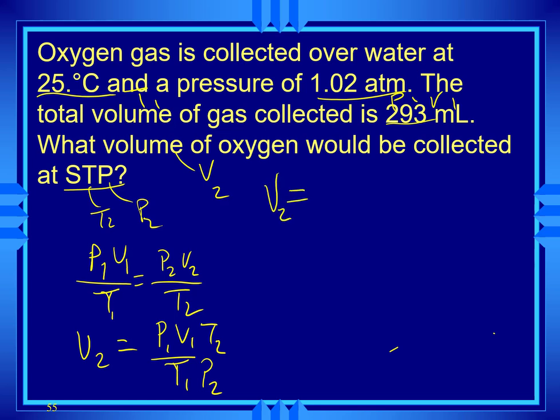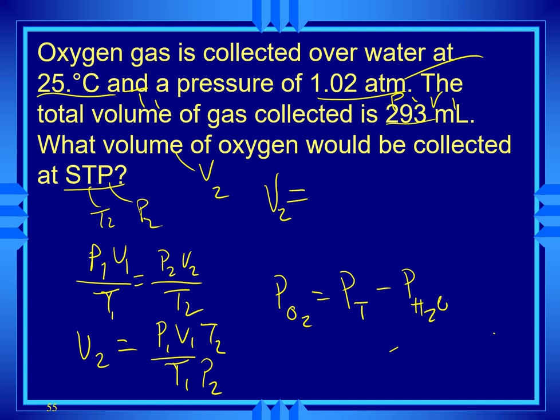So what is the pressure of the oxygen? Is the pressure of oxygen 1.02 atmospheres? That's the total pressure, isn't it? If I want the pressure of just oxygen, I've got to have the total pressure minus the pressure of water, vapor pressure.